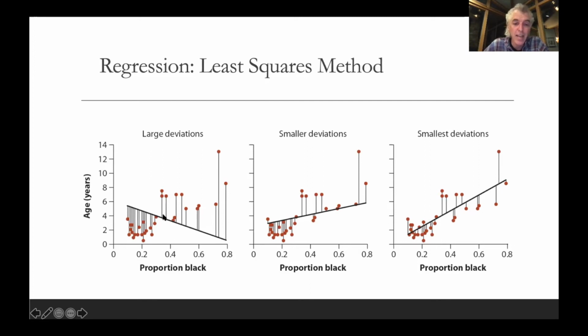Now here, if we take the line and instead of making it negative, we make it slightly positive, we now have smaller deviations between each observation and the line. And if we make the line steeper still, now we have even smaller deviations between each observation and that fitted line.